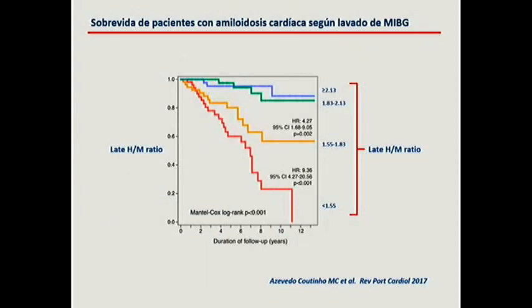This is extremely interesting if we have this technique available. What's measured is the relation between the mediastinum and the heart. You know that when we research denervation, we have early and late images to see the washout. In amyloidosis, there is an early washout of the MIBG, and the later image is the more altered one.